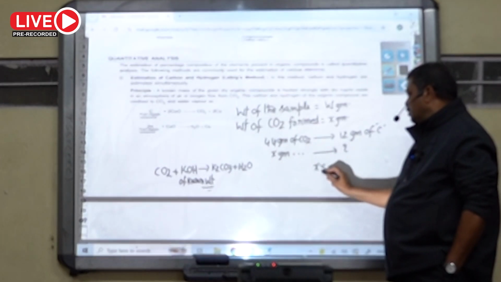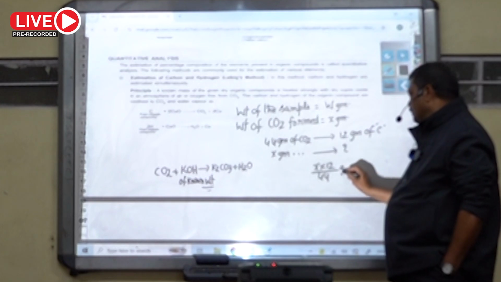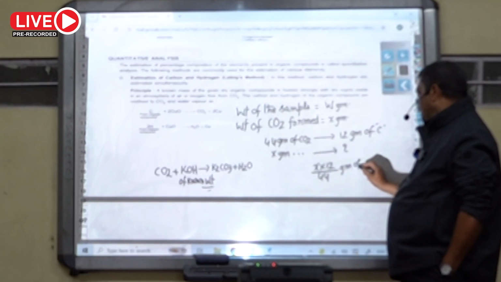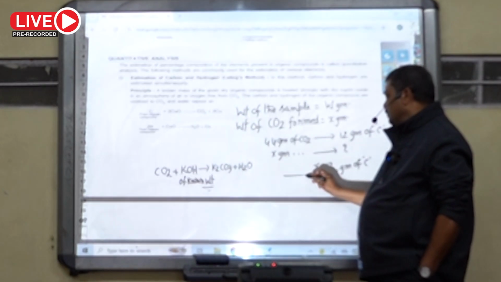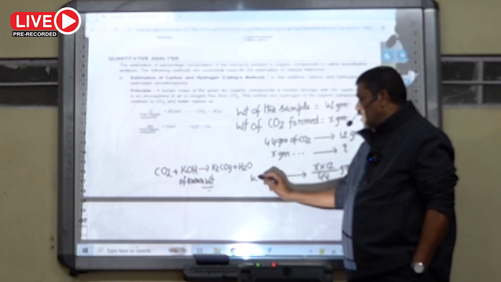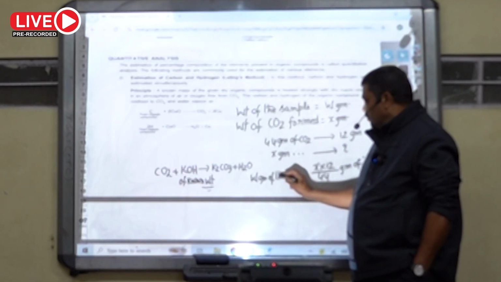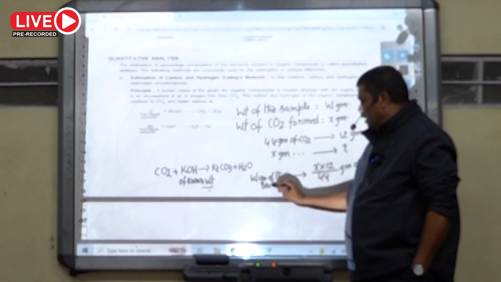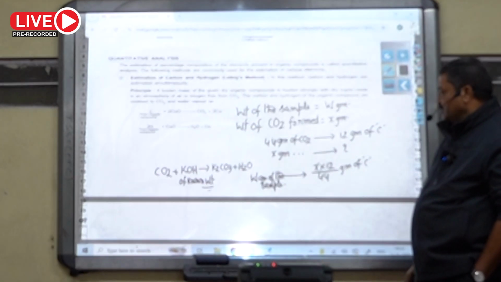So X into 12 by 44 grams of C. This is present in W gram of the sample.